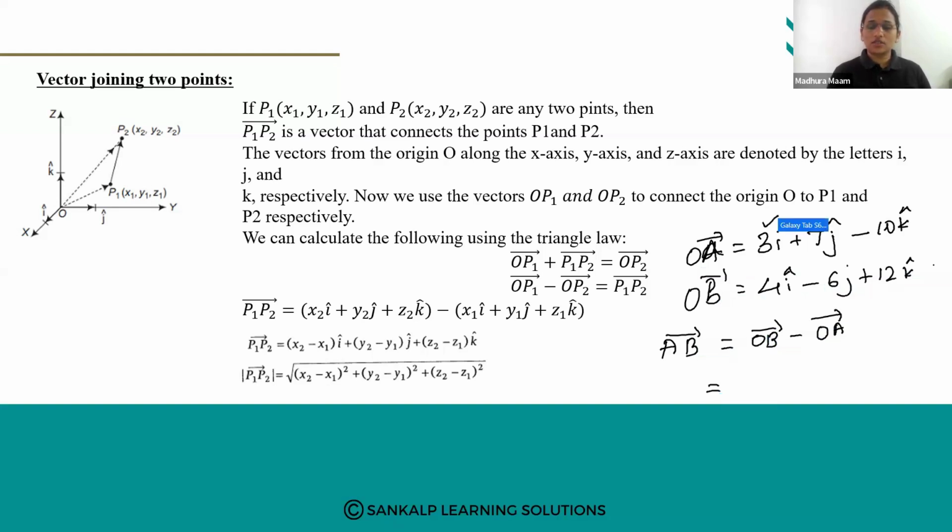Here the scalar components are 3, 7, minus 10. Here it is 4, minus 6 and 12. Okay, how do you subtract OB minus OA? Component wise. Where is OB? Here. So 4 minus 3, what is it? 4 minus 3 is 1, so we write only i, okay? Plus, second minus second: y2 minus y1. What is y2? Minus 6. What is y1? 7. So y2 minus y1 is minus 6 minus 7.